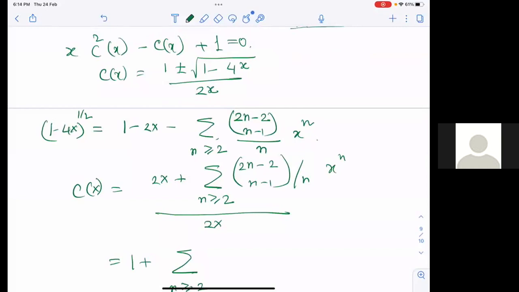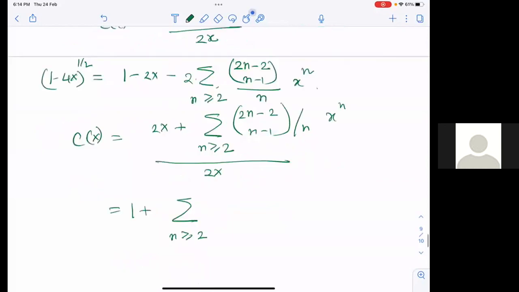Will there be 1, 2 also here? Anybody can quickly remember this expansion of this binomial thing, or you can do it in your notebook. I guess there will be 2 here. It is not just this, there will be also 2. So that 2 should get cancelled. So you got 1. So there will be 2 here.